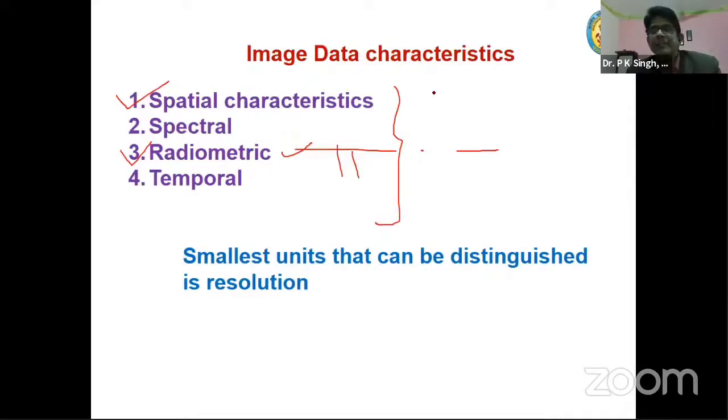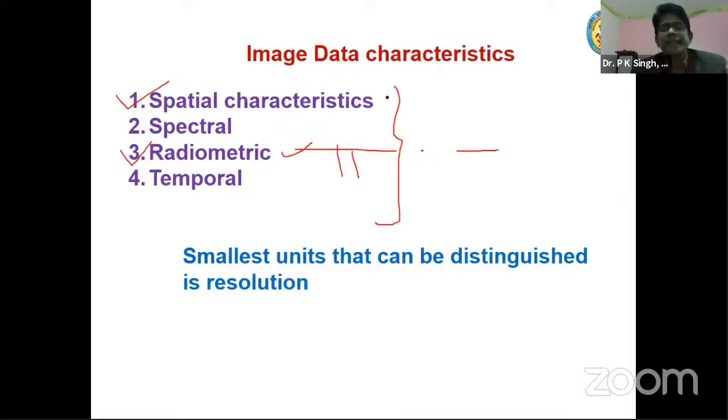So if an object is smaller than that, you cannot differentiate between them. Had the spatial resolution been 10 meters, you could have differentiated objects lying 10 meters away from each other. So spatial resolution means the ability to distinguish the smallest objects from each other.